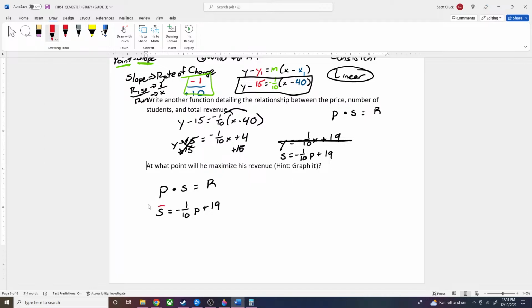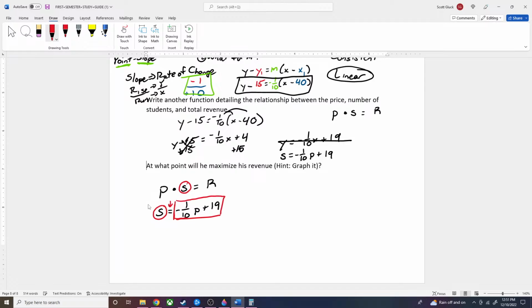And very specifically, I look at this S right here and this S right here. Because remember from IM1, we said, okay, if you see that a variable equals something else, you can plug that something else in place of that variable.